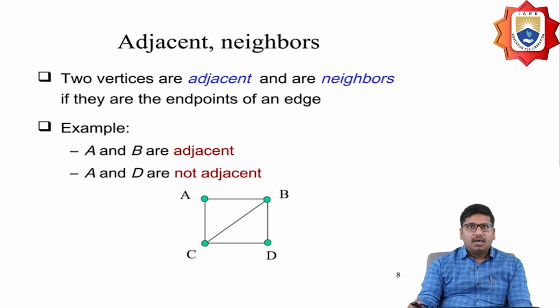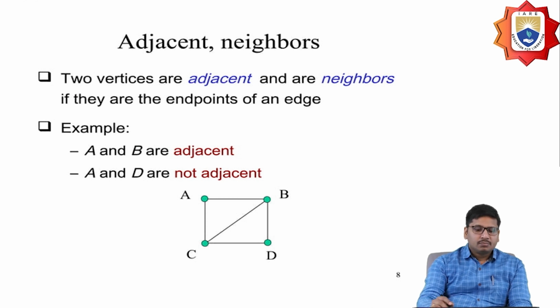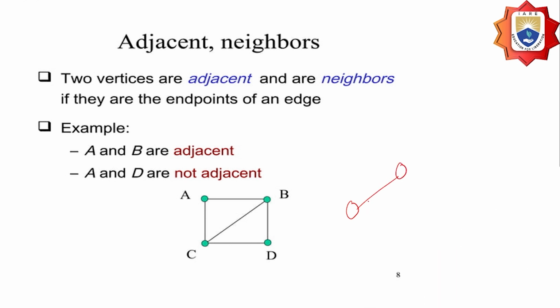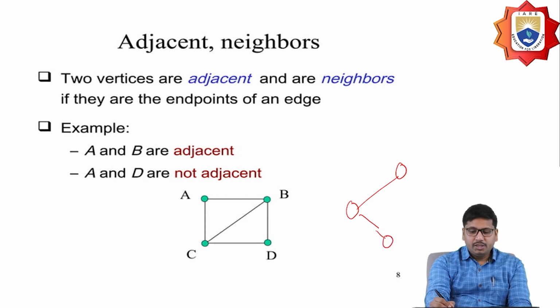The next topic is adjacent vertices and neighbors. Two vertices are adjacent, or neighbors, if they are endpoints of an edge. For example, A and B are adjacent, and A and D are not adjacent. Vertices are adjacent when there exists an edge between them.